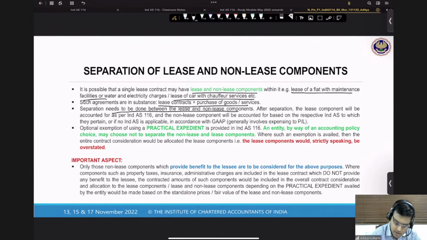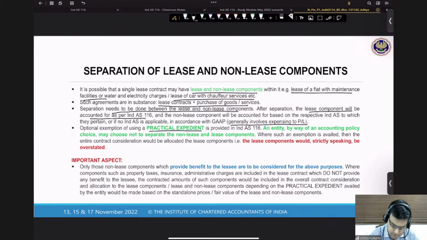After separation, the lease component will be accounted as per Ind AS 116, I told you, and the non-lease component will be accounted for based on the respective Ind AS. If no Ind AS is applicable, then in accordance with GAAP, which generally involves expensing to the P&L. Discussed. Optional exemption, you can use a practical expedient.